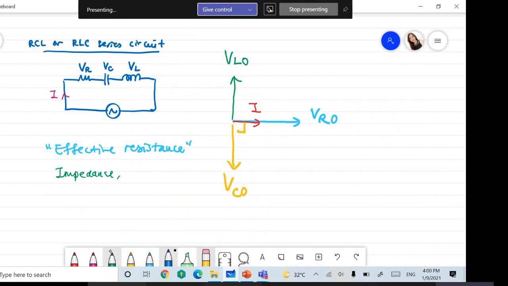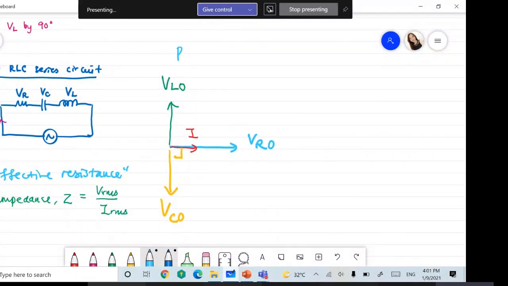Impedance Z is equal to Vrms divided by Irms. I'm applying Ohm's law, V equal to IR, so instead of R, I have the impedance. Again, this diagram is called a phasor diagram.